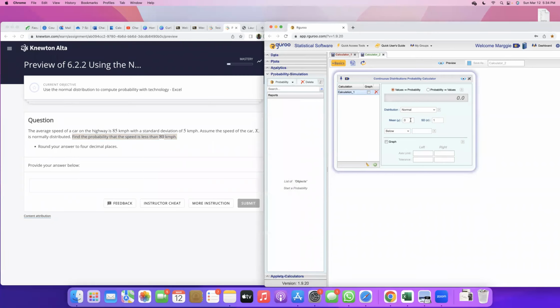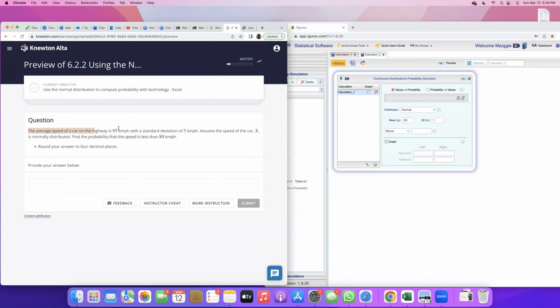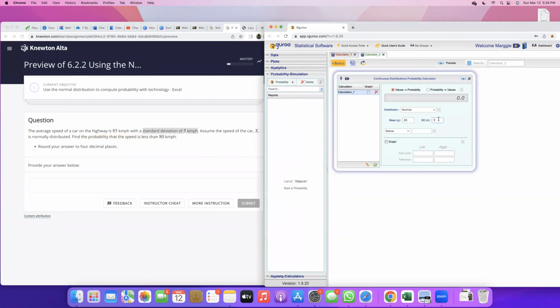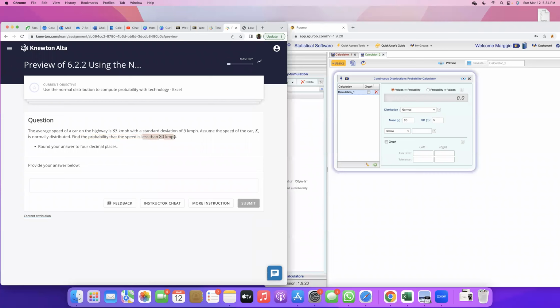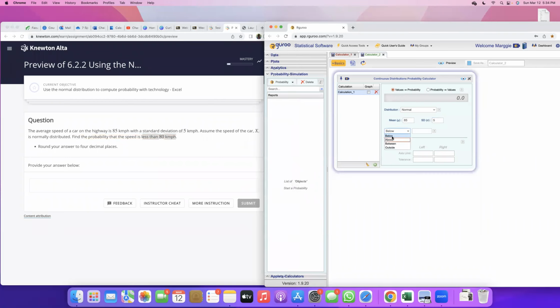So let's fill in the same thing. We always need the mean and we always need the standard deviation. So the mean is 85, the first number given to us right here. Standard deviation is 5. And less than 80 means that we want to go below 80.